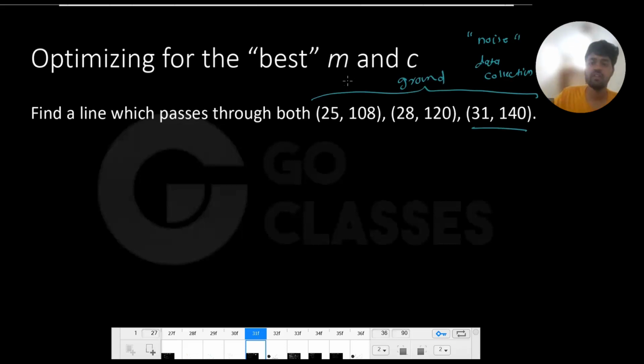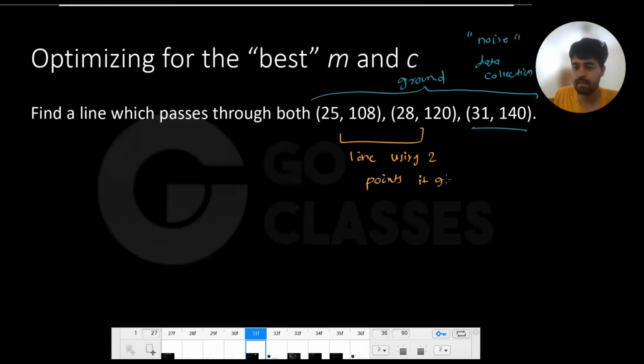So now we know that if we find a line using these 2 points, it goes through 31, 132.